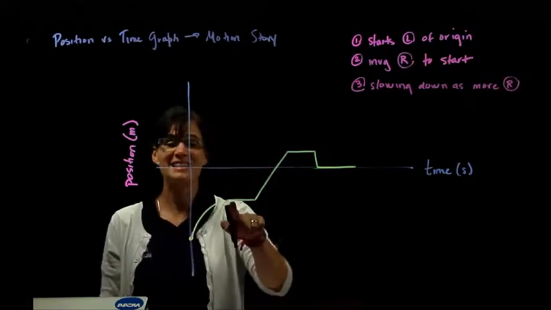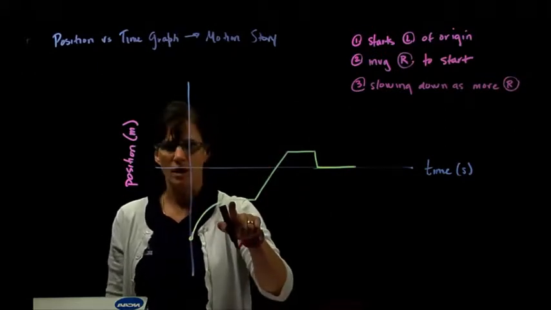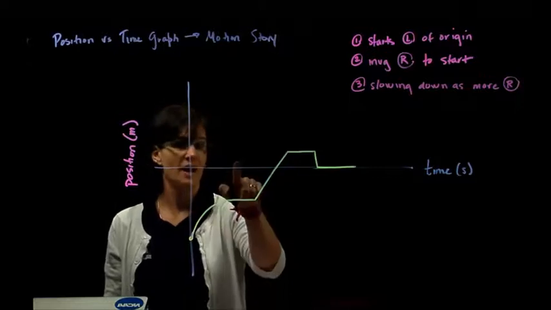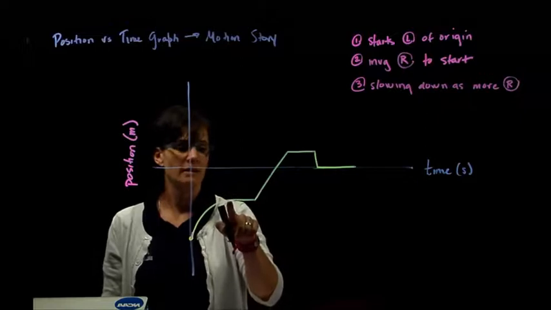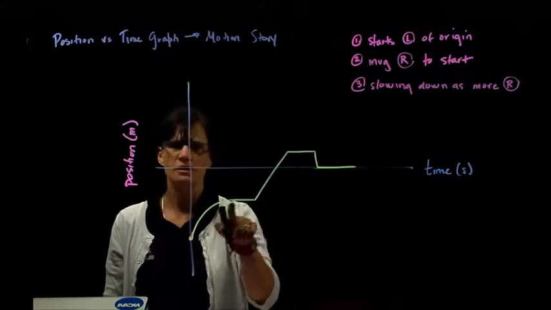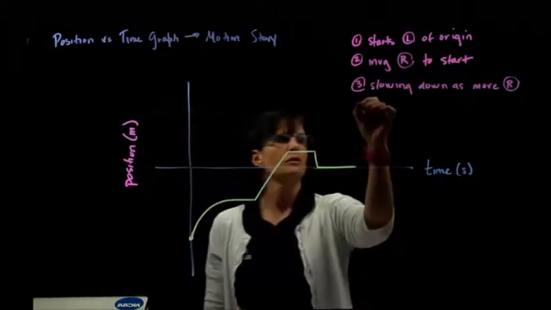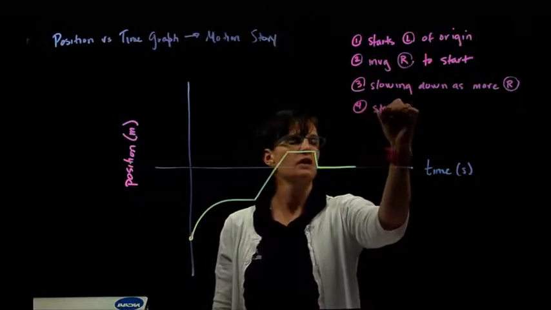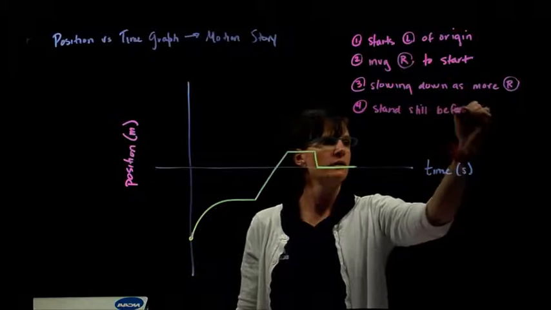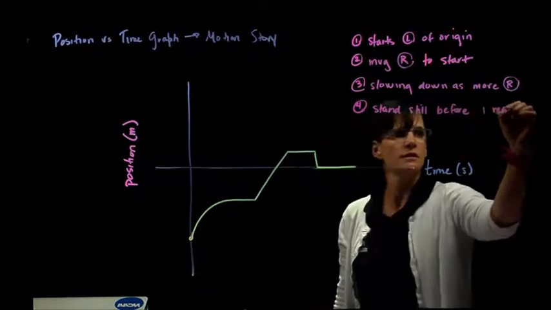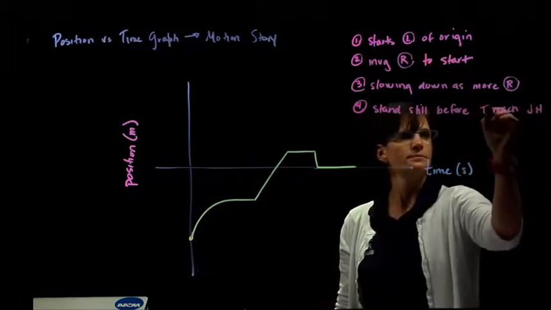Once I hit the sidewalk right in front of Jarvis Hall, so I haven't gotten to the origin, haven't gotten to Jarvis, but I hit the sidewalk right before it, my position doesn't change. So I start to stand still before I reach Jarvis Hall.